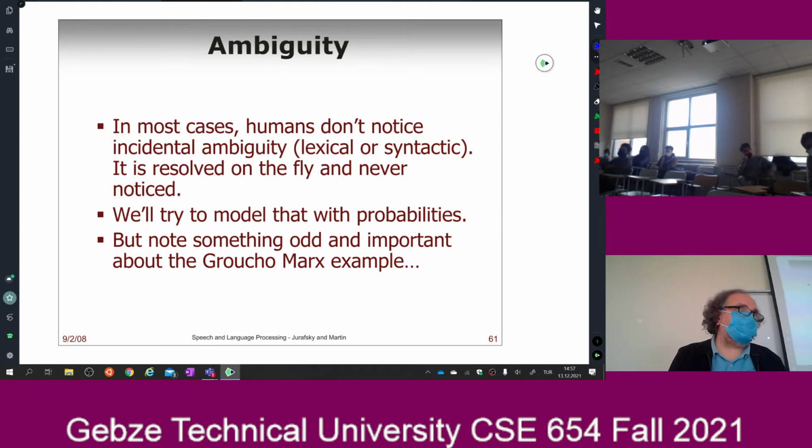For some reason, we don't realize those ambiguities. We just get the sentence the way it is intended. That's the beauty of natural language itself. Although it is ambiguous, for some reason we can find our way out of these ambiguities without trying to come back and parse it again.